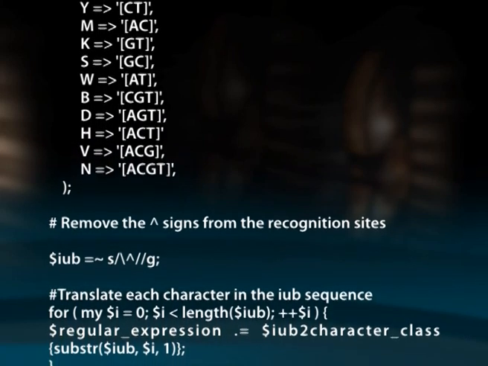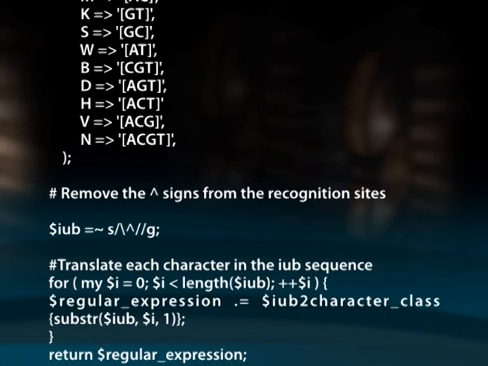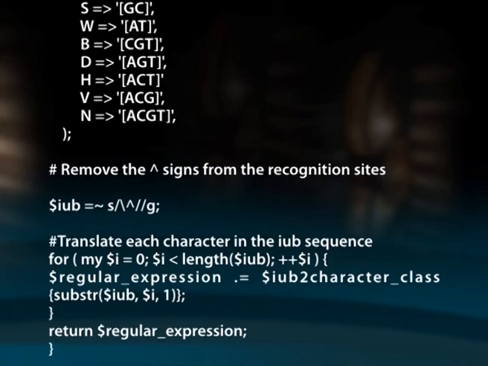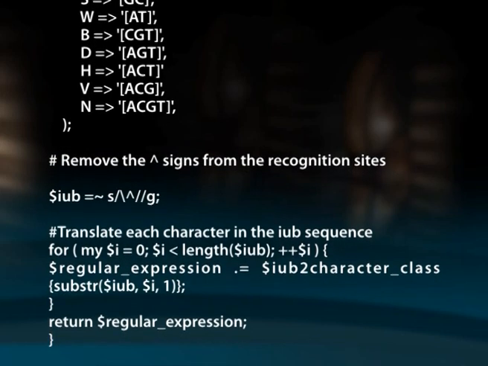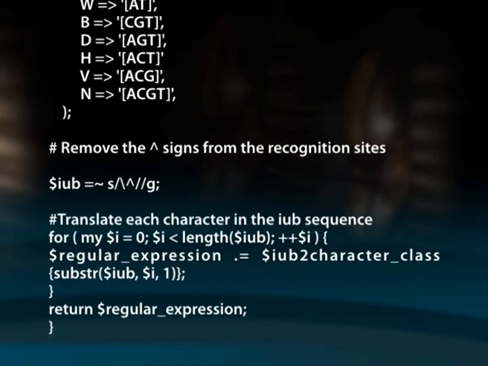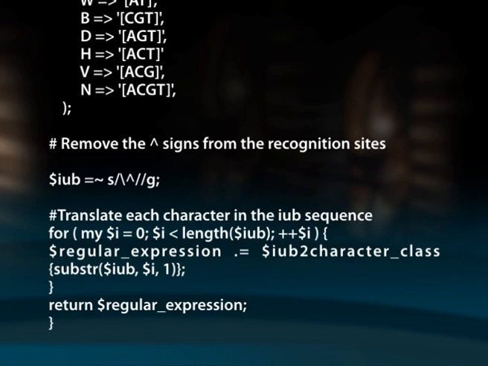Translate each character in the IUB sequence. A for loop is used for this. The loop variable $i is initialized to 0 and it is tested up to the length of the IUB variable. Then the regular expression is concatenated with the IUB to character class of the substring $IUB $i, 1. Then return the regular expression.